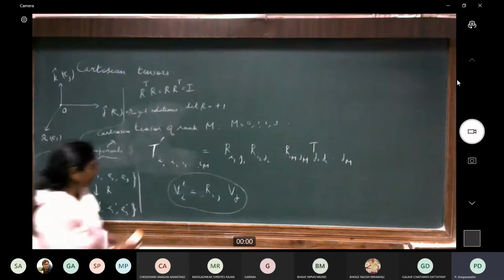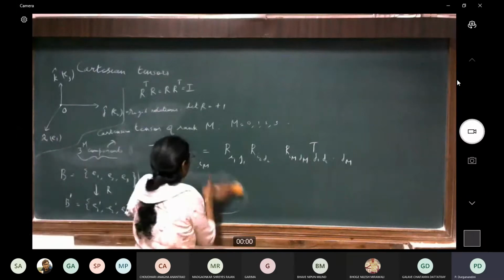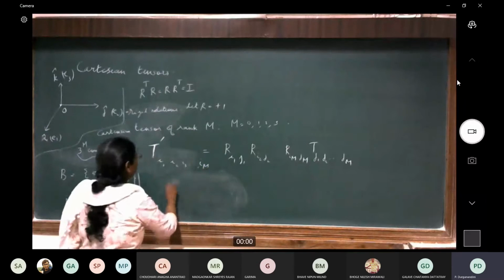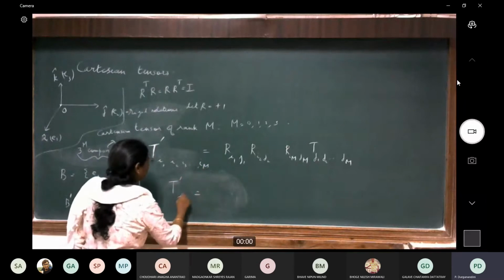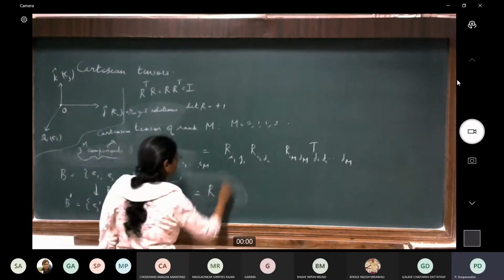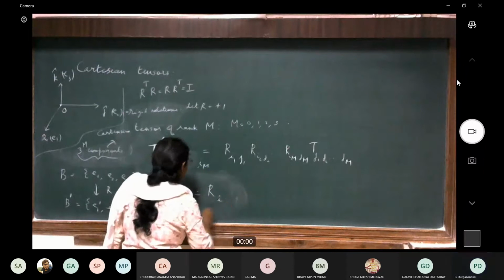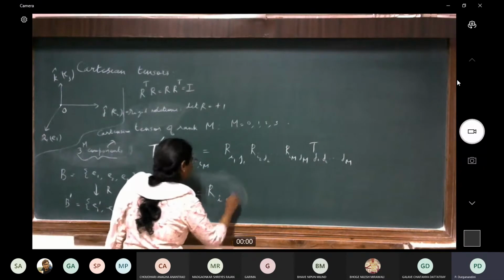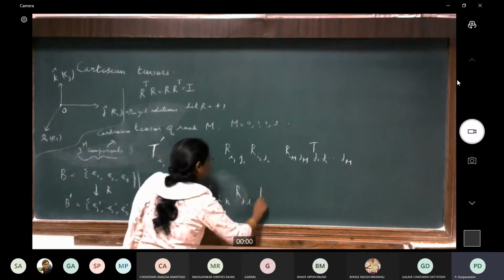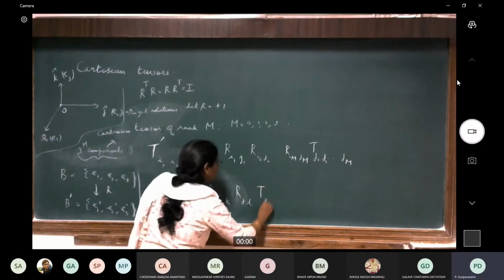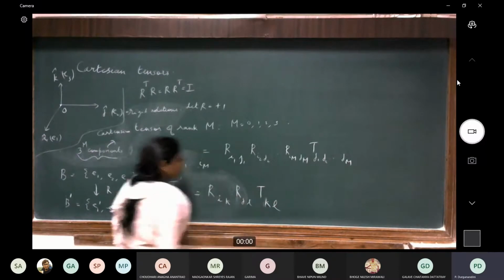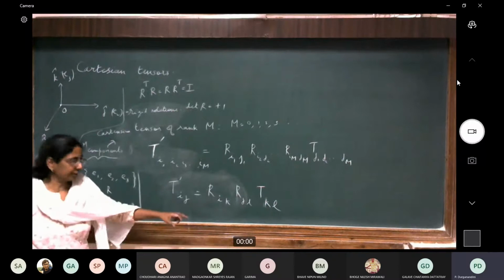A tensor of rank 2 will have 2 indices because n will be equal to 2. n goes up to 2. So then I will get Cij prime will be equal to, according to this definition, Rik Rjl Ckl. Notice that I'm now using the summation convention.